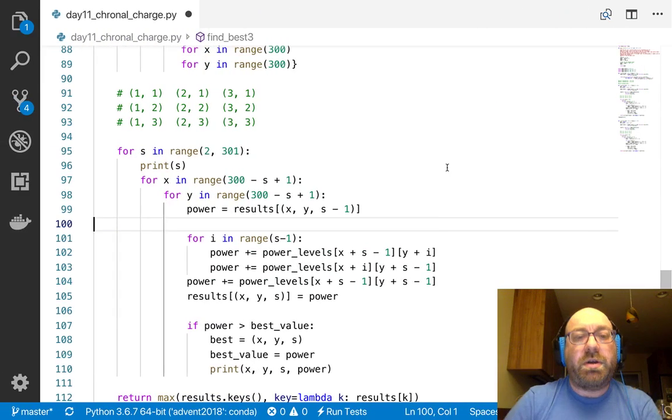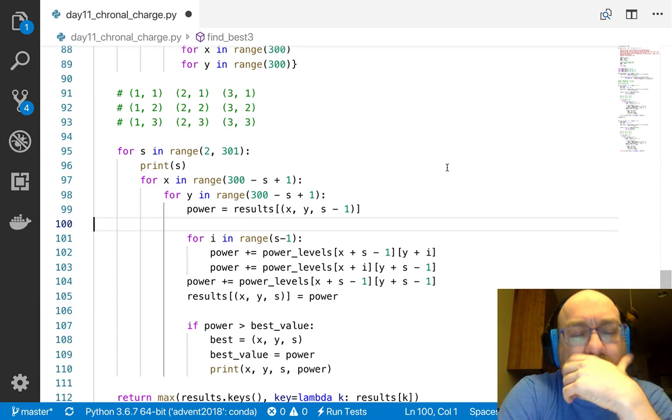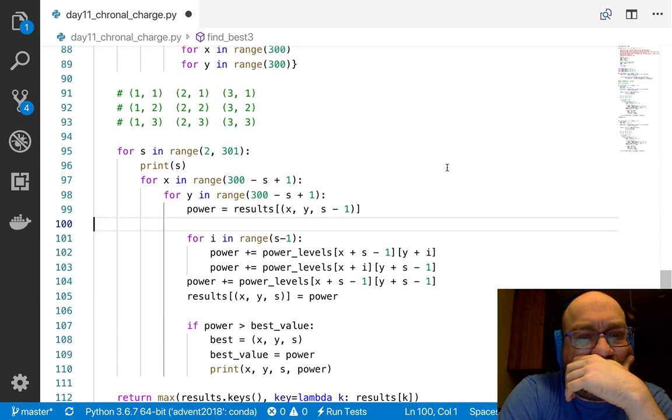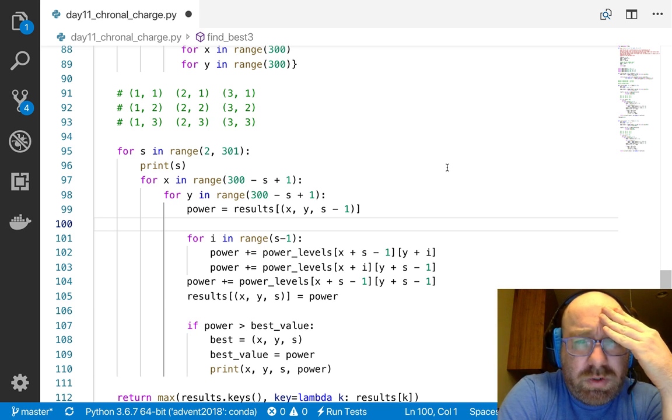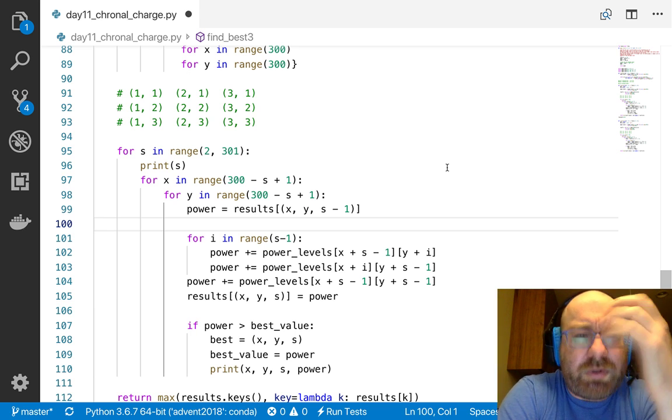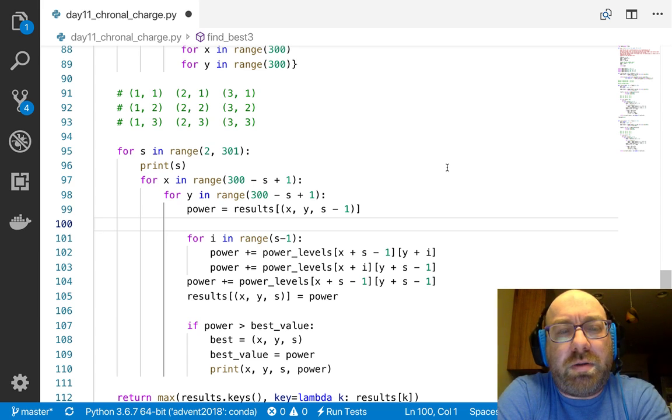I'm probably just going to wait this out. But one thing I could do is do every possible rectangle, right? So if you want to do every possible, no, that's closer to what I was doing before. I don't like that one much either.